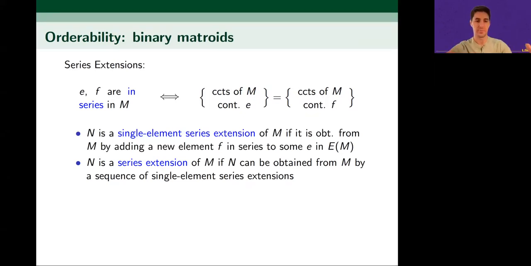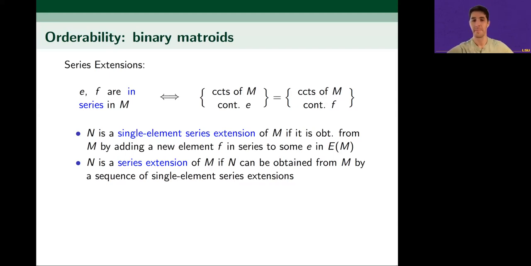What this means in orderability is you've got a matroid and you've got all of its circuits in front of you. And if you're trying to order that matroid, but you're working on series extensions, it basically means that you have copies of the elements, because every copy is just some element added in series with whoever you're making a copy of.